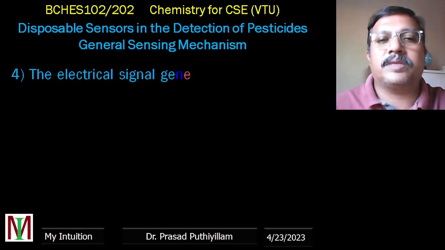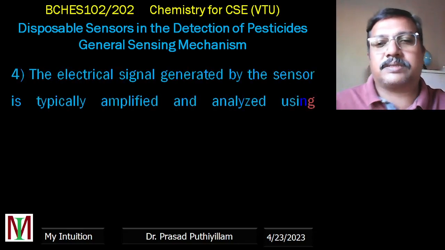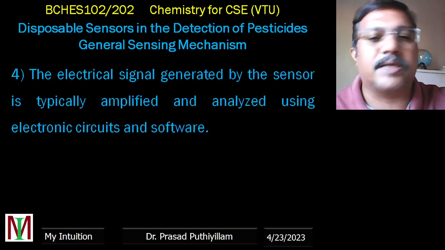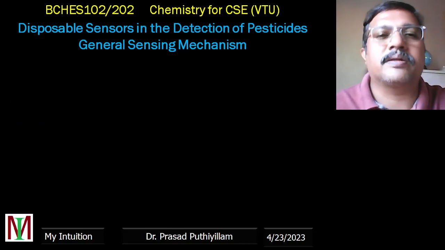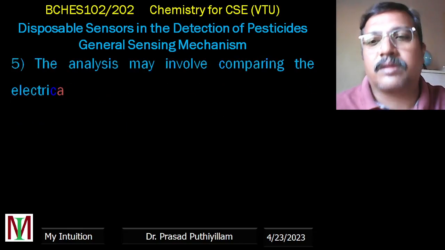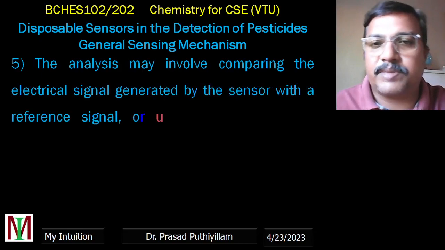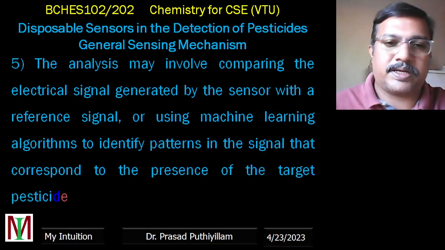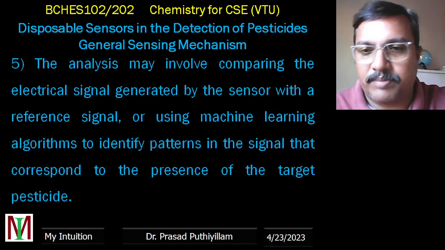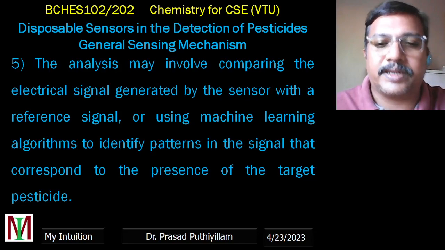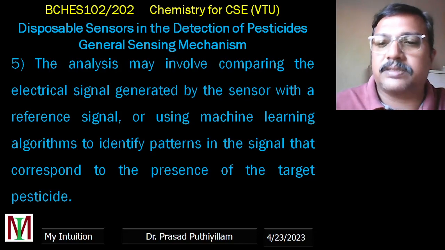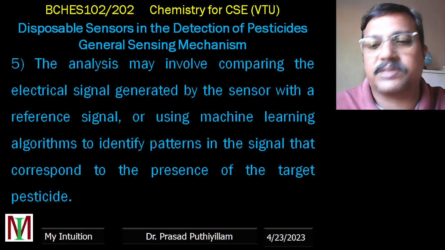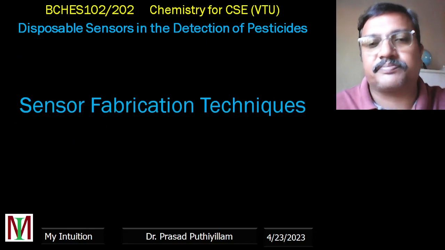Further, the electrical signals generated by the sensor are amplified using electronic circuits and software, transduced, and the analysis may involve comparing the electrical signal generated by the sensor with a reference signal, or using a machine learning algorithm to identify patterns in the signal that correspond to the presence of the target pesticide.